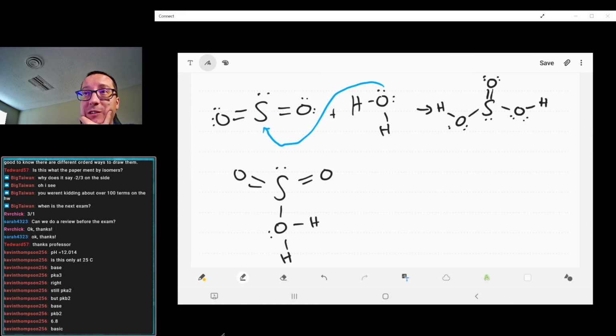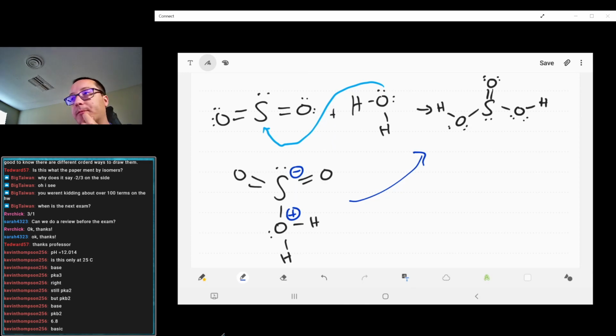And we're going to end up just having one of these oxygens pluck away that hydrogen, just kind of like before, with the HCl thing. And we're going to just rearrange to form that guy. It's called a proton shift. We're going to do some rearrangement there because we're going to have a positive charge here and a negative charge on the sulfur.